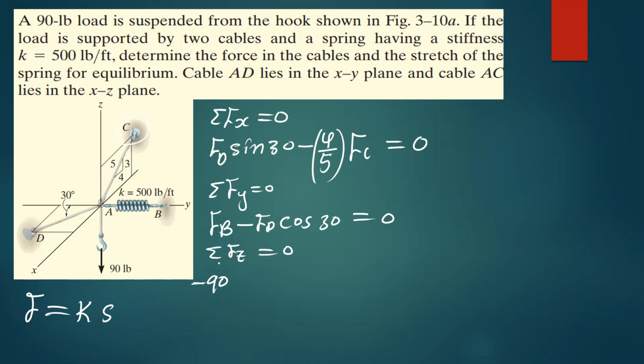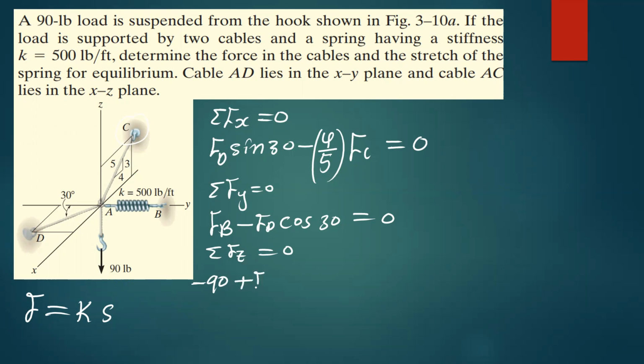And then the other force that we have is the force along the rope C. So we have FC there. FC is facing towards the positive z-axis. So we have a positive there.